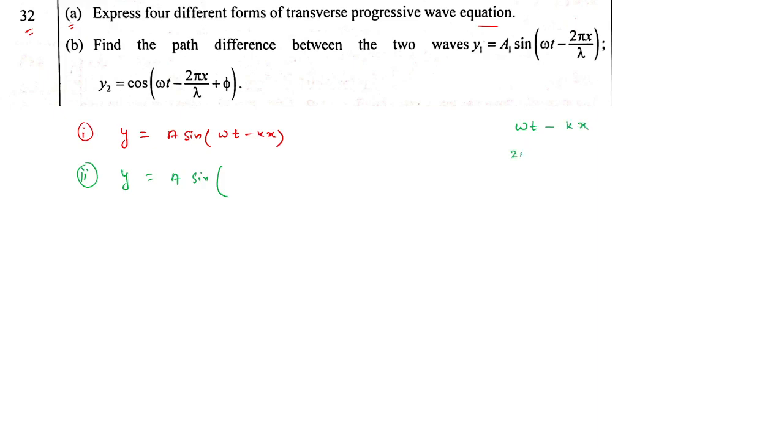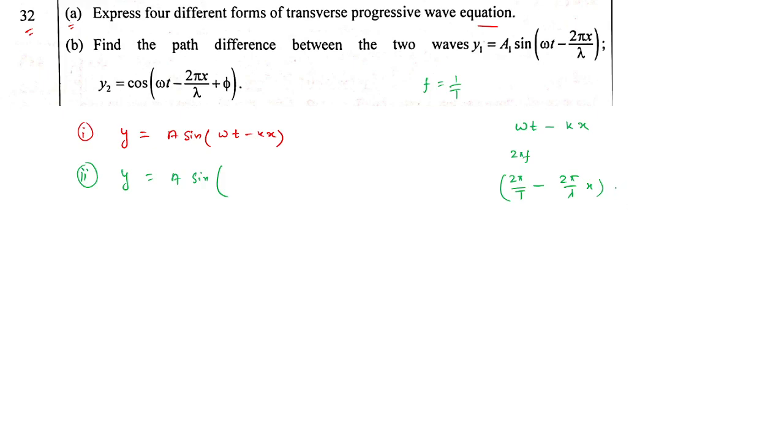Omega means 2πf, correct? And f is frequency. The relation between frequency and time period is f = 1/T, so we can write 2π/T, correct? Similarly, k = 2π/λ. So ωt − kx looks like this.